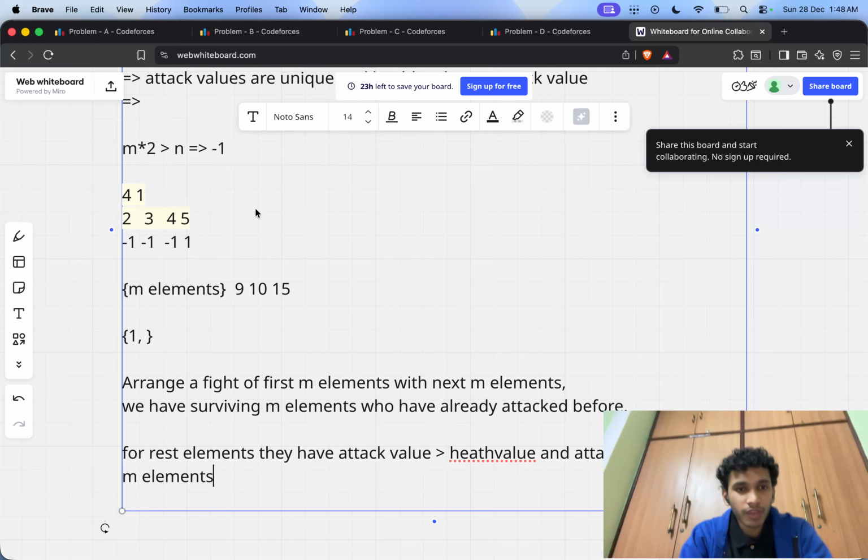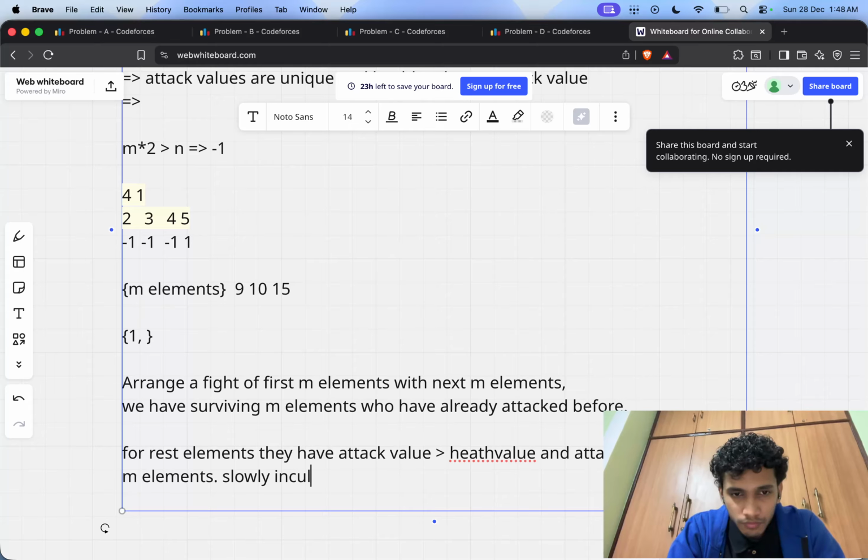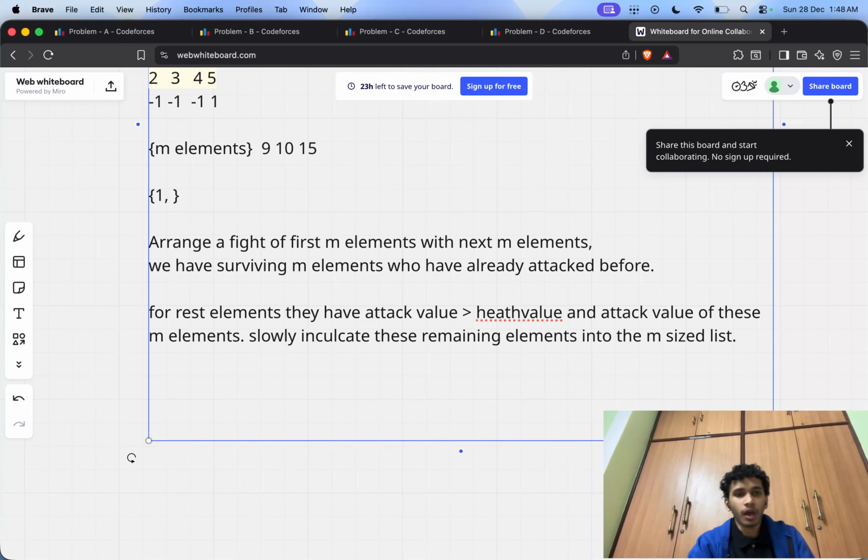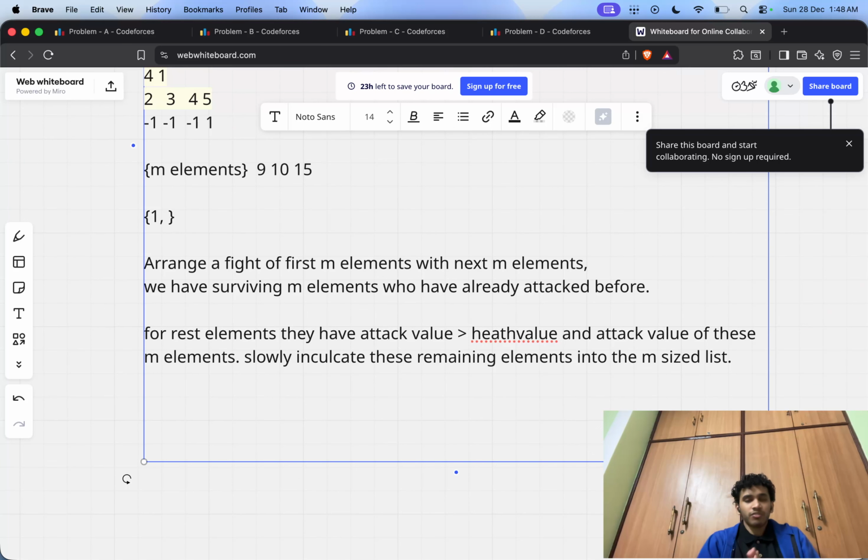For sure, because we have already sorted in the increasing order of attack value. Slowly inculcate these remaining elements into the m-sized list. Alright, now is our construction over?